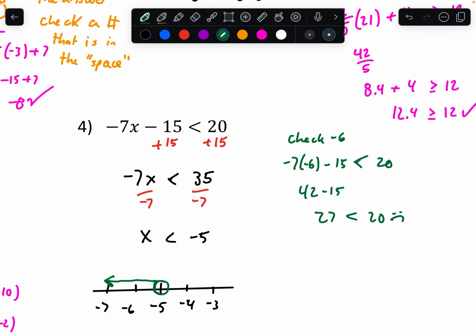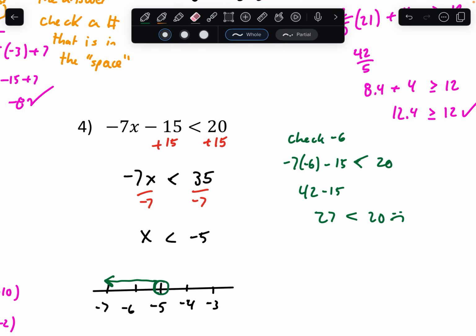So here's the one thing that's different about solving inequalities than solving equations. Right here, this step. We can see that when we did this, we got answers here that don't work.